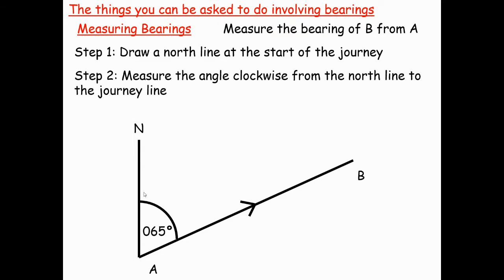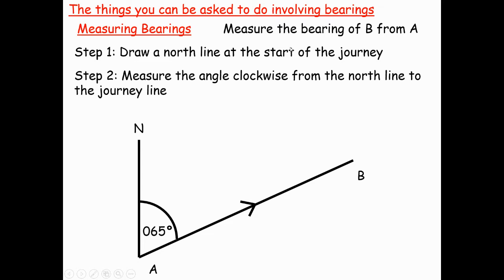So you're currently at A, you get your compass out, and your compass is pointing automatically north, so you know what way that is. And then as you turn to face B, you can see what bearing it is. And remember 065 because bearings have to have 3 digits.